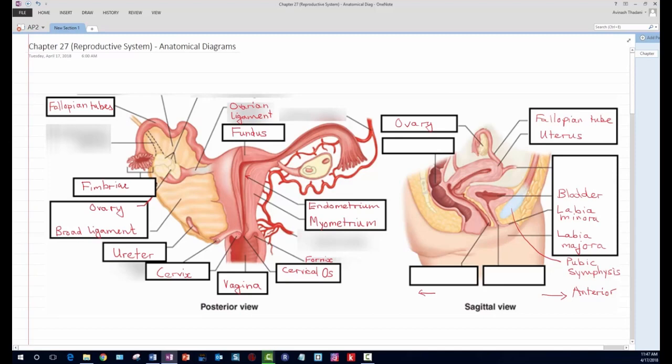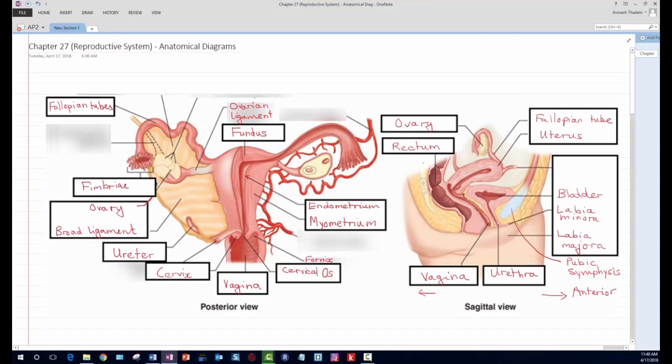And the tubular structure coming down from the bladder, that's obviously the urethra. That's what this box is pointing to. And this is the vagina, the muscular tube coming from the uterus. And lastly, the structure that is posterior to the uterus, that's the rectum.